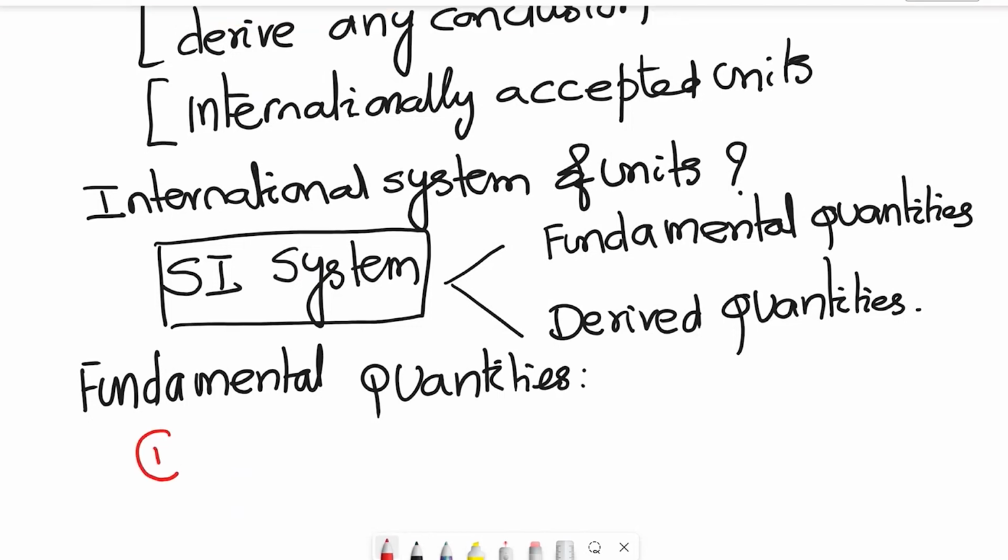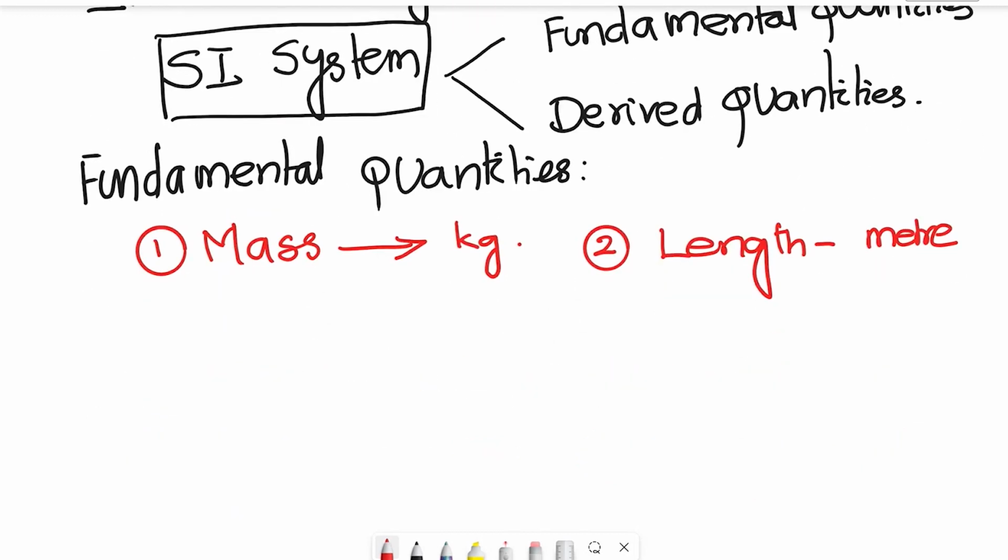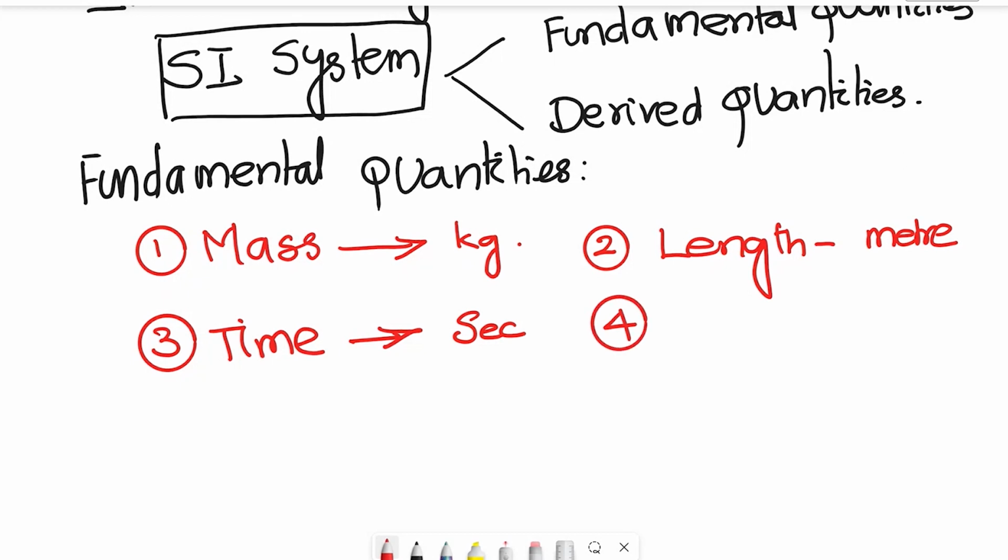Please remember: number one, mass, its unit is kilogram, kg. Number two, length, it is meter. Number three, time, its unit is second. Number four, electric current.